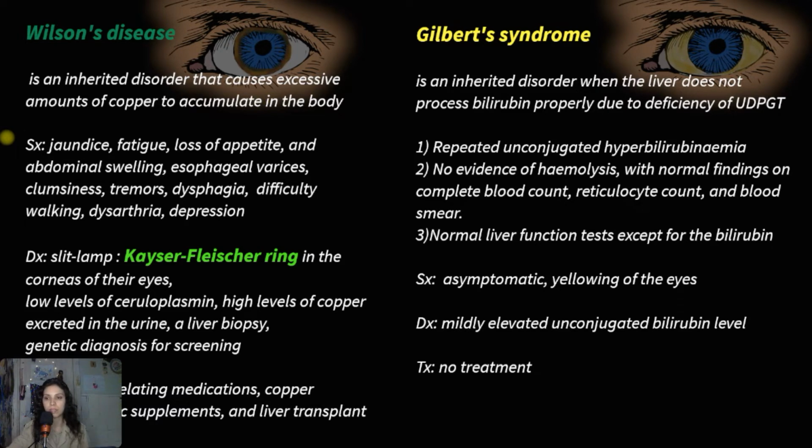Signs of associated liver disease include jaundice of the skin, mucous membranes, and sclera. Also edema of the legs and ascites, esophageal varices, and also a tendency for bruising and prolonged bleeding, also fatigue.